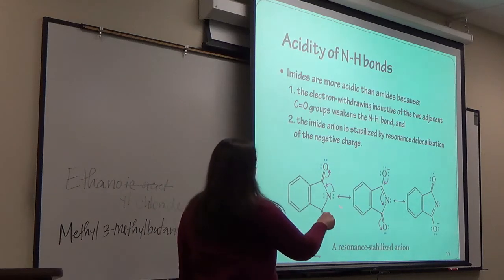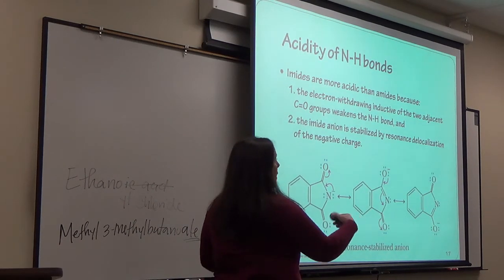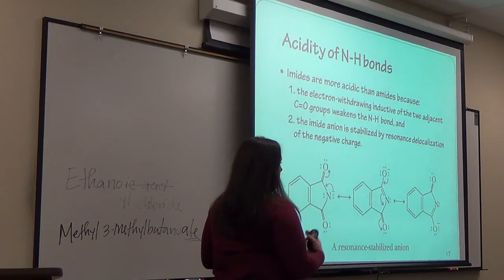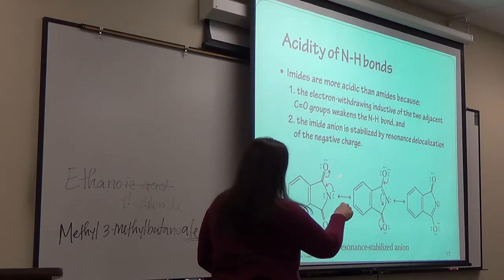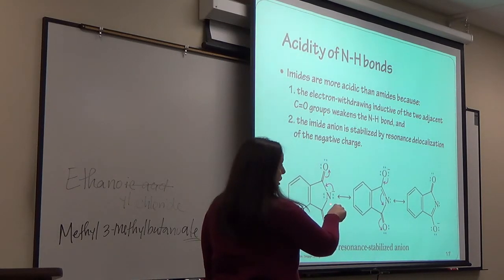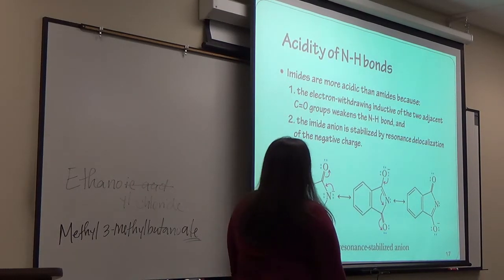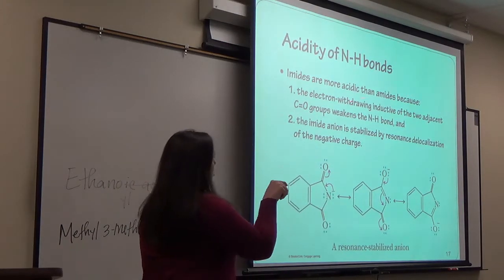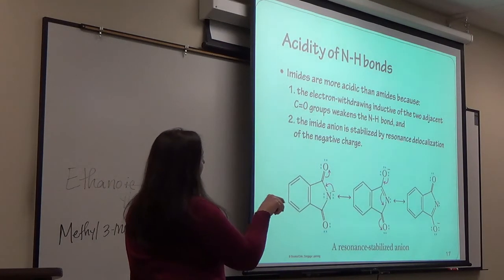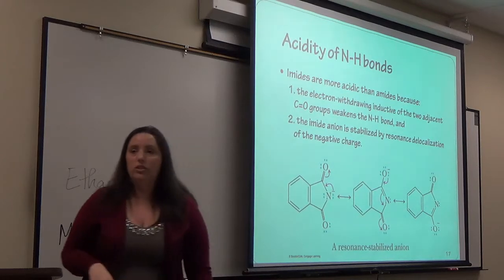The more resonance structures you can draw, the better your acid is going to be, because it's stabilizing your anion. This charge on the nitrogen, I can move it to the oxygens, can put it over here, can move the double bonds around. So there are electron withdrawing inductive effects, and you have this delocalization going on.